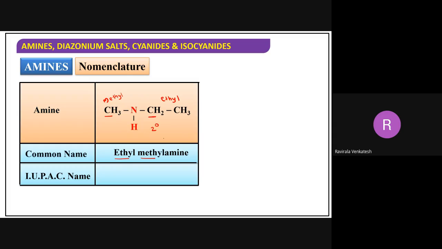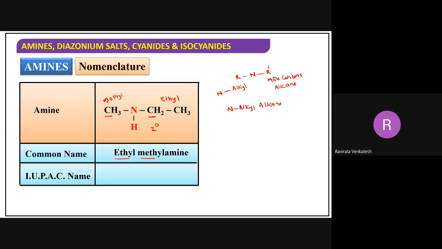Now how to give IUPAC nomenclature? In this case, you have to remember it like this: N, R, R dash. Imagine this has more carbons, like the ethyl group. This can be called the alkane, and this will be called the alkyl because it has fewer carbons. So the nomenclature will be N-alkyl alkane.